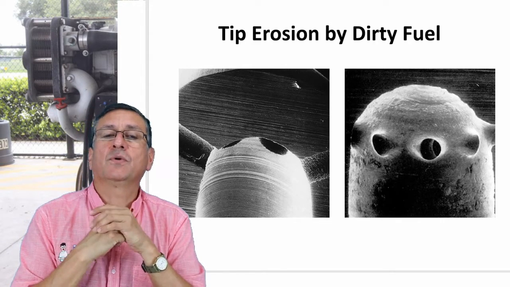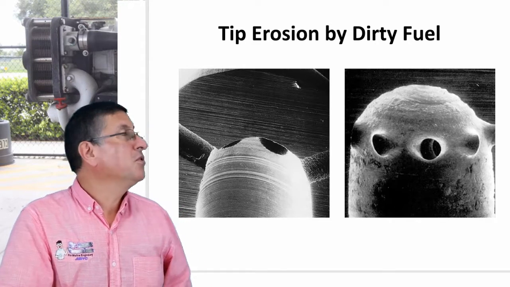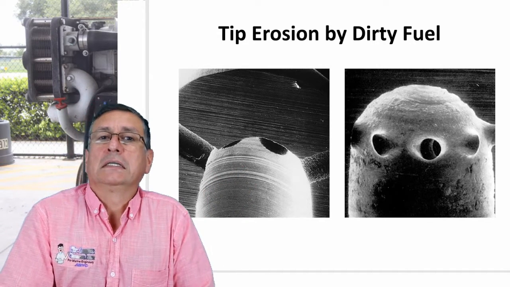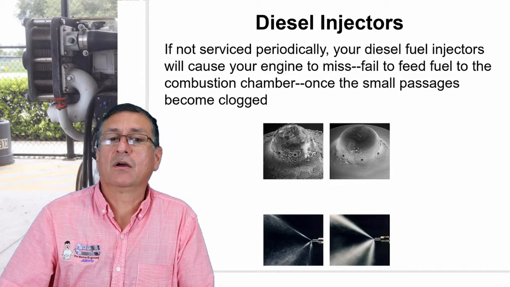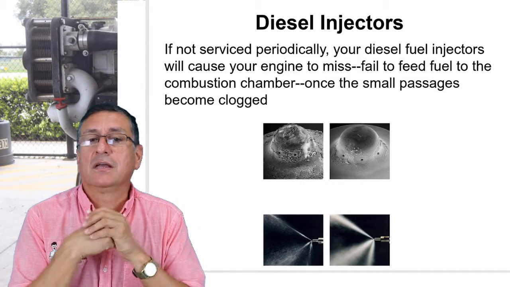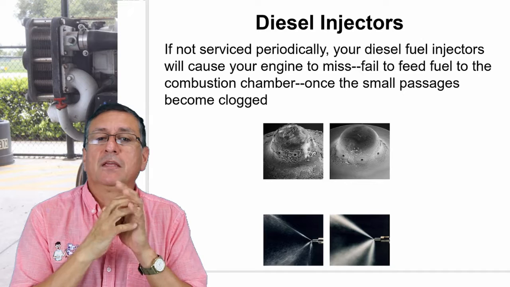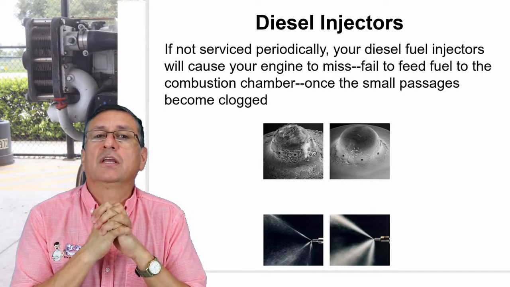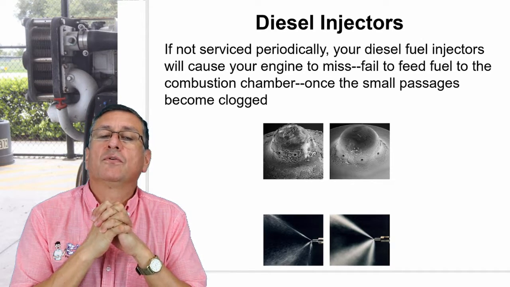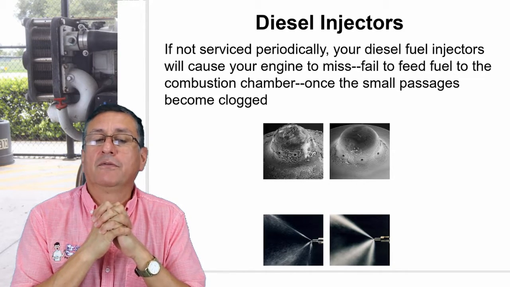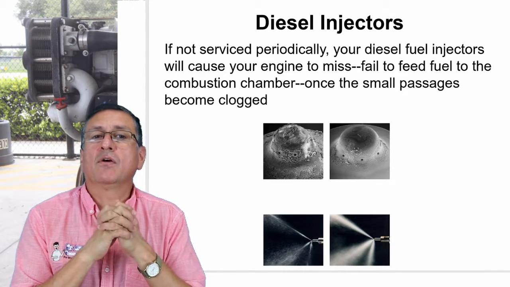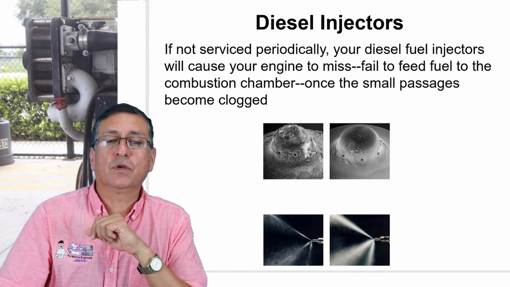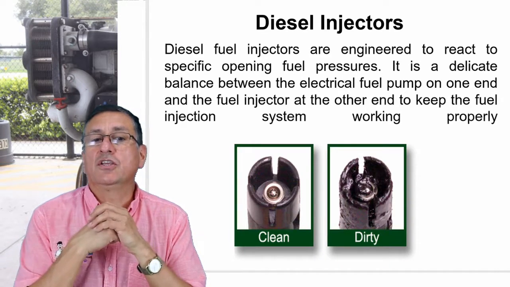This is another situation, because the fuel is dirty fuel, that's not good, or water accumulated in the fuel. This is another type of problem: erosion produced by contaminated fuel. Normally, fuel contaminated with water or with an excessive amount of additives produces that situation on the injectors.